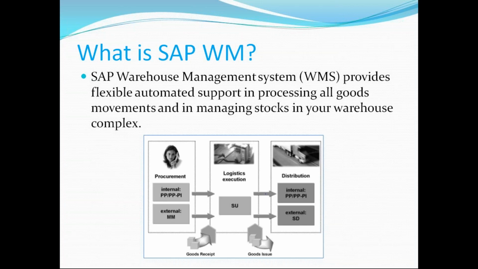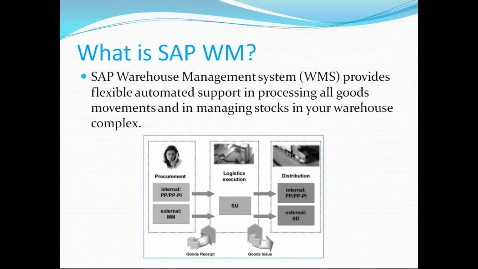This WM module is also linked with various other modules like SAP quality management, that is SAP QM. For example, when you have the procurement of materials, once you have the goods receipt of the material, these materials may not come directly onto your warehouse. Instead, they will be lying in your goods receipt area.